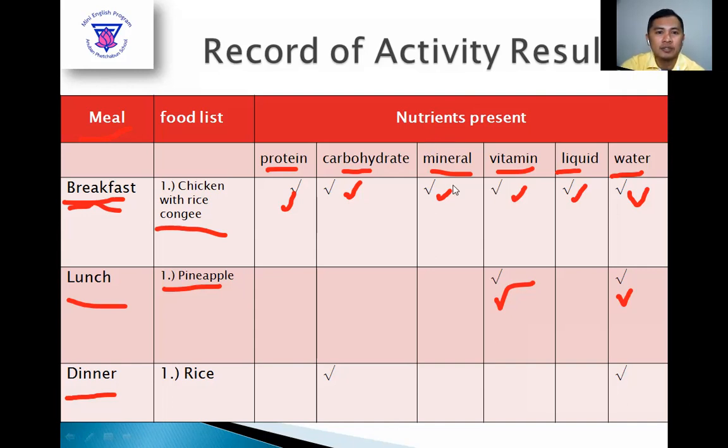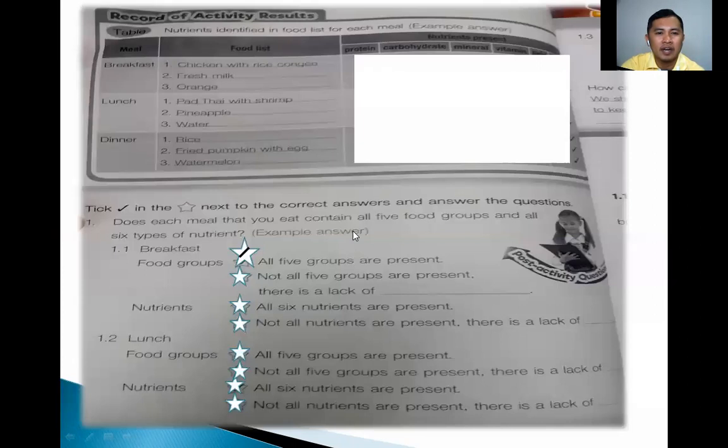Okay, that's it, guys. So now let's see. All right, here you go. These are in your workbook. Everything is there. Just check the nutrients. And of course, there is also another activity here. All you have to do in this activity is tick the star next to the correct answer and answer the questions.